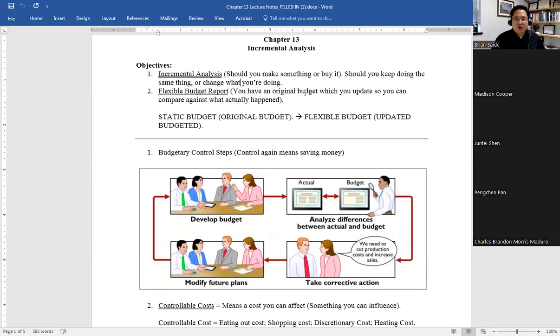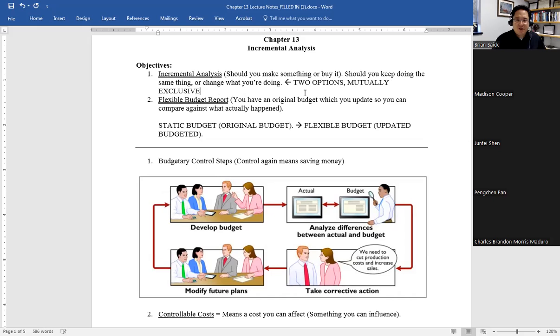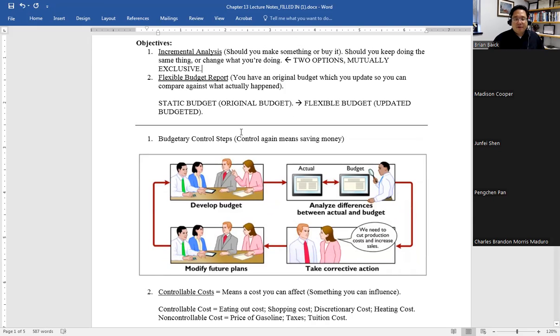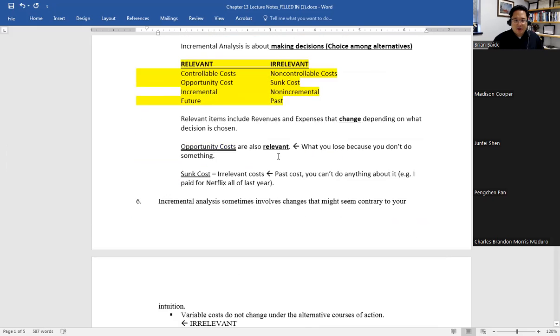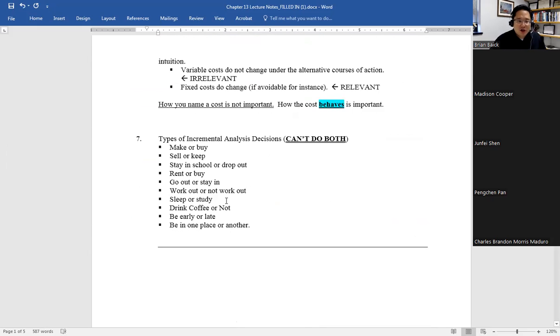With an incremental analysis scenario, you're looking at two options, which are mutually exclusive. Mutually exclusive means you can't do both. You have to pick either one or the other thing. We gave an example of different types of incremental analysis, types of decision making that you may engage in, and that's on page 7 from chapter 13 on page 3.